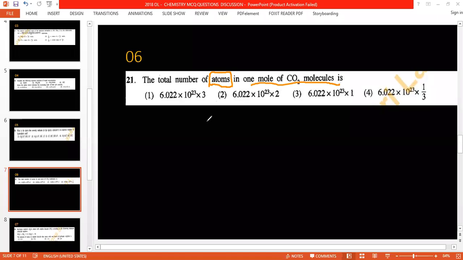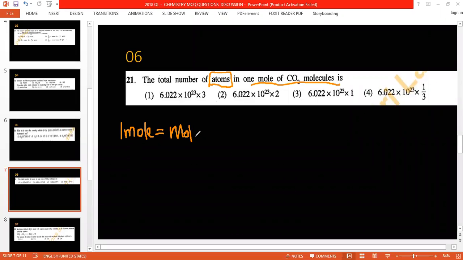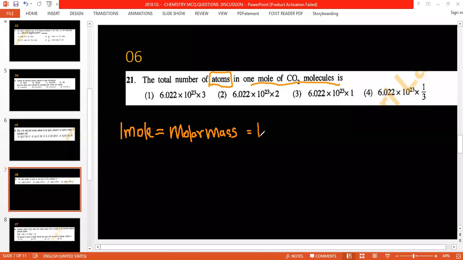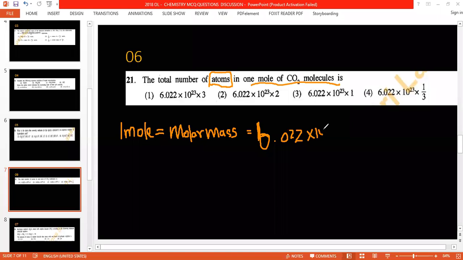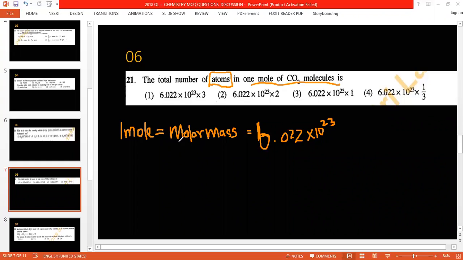You must know the combination of this one. Please remember this: 1 mole is equal to the molar mass, and equal to the Avogadro constant, that is L, which is 6.022 × 10^23.